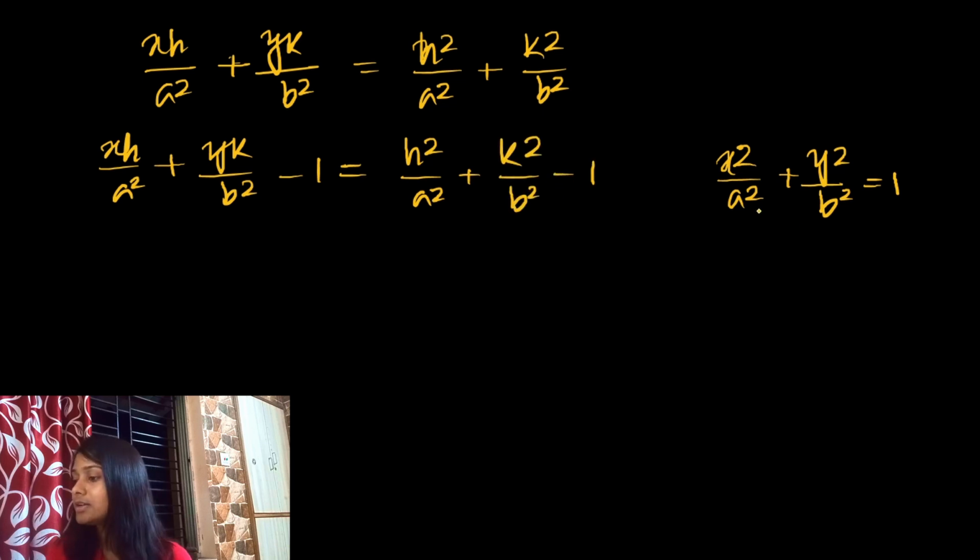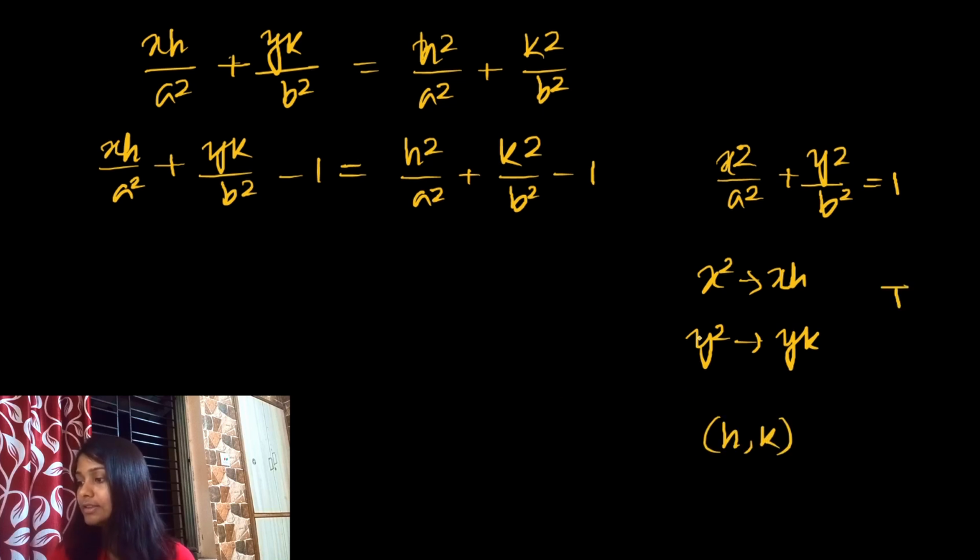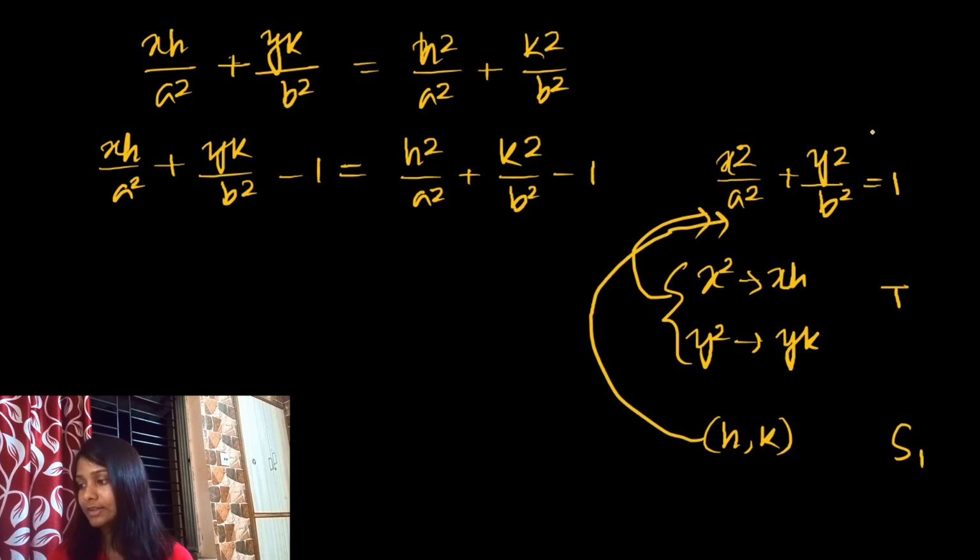So we can see that if we replace x square by xh and y square by yk, we name it as T, and if we put h, k in the equation of the ellipse, we name it as S1.